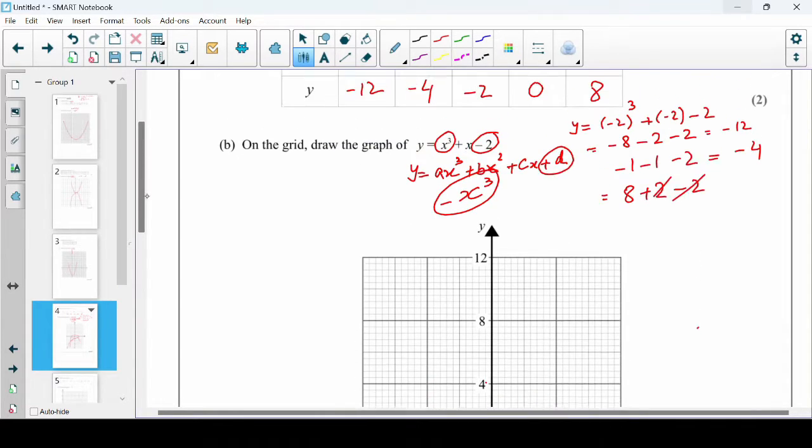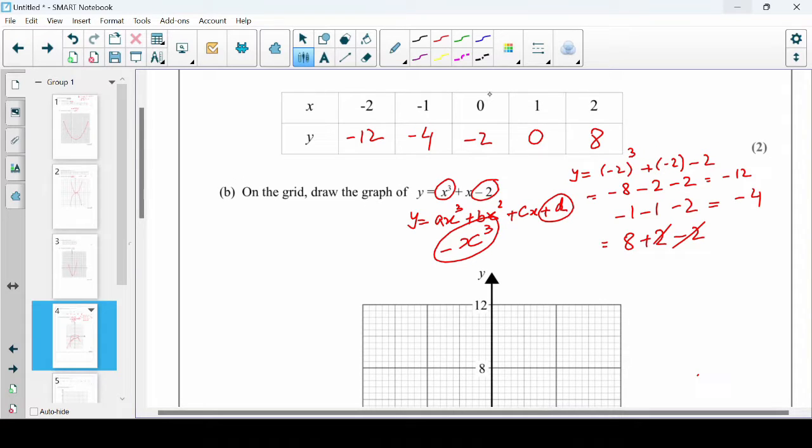So if you see here in this also, close to the 0, the x and y values are almost the same. And when you go away from 0 on both sides, the values are increasing very disproportionately.